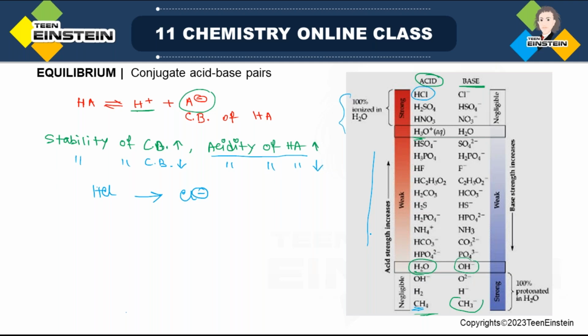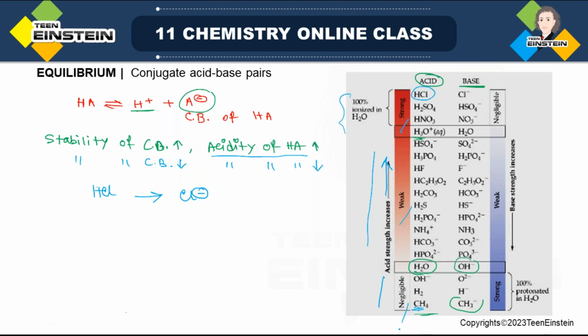They are intermediate, that is weak. But if you consider these three species, H2O, HO minus, CH4, you cannot call them acid at all. So they are at the last extreme. So acid strength is increasing as we are moving up, and as we are moving down, this is the strong zone, this is the weak zone, and this is the negligible zone.